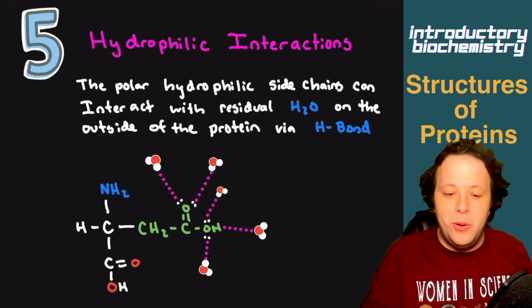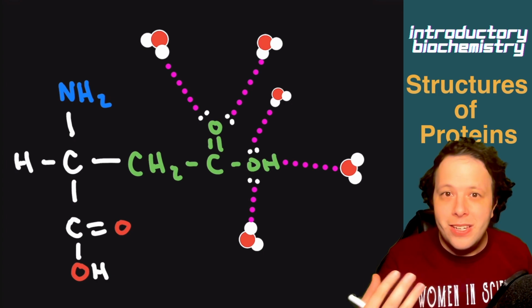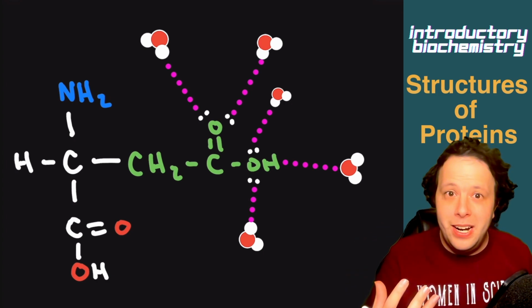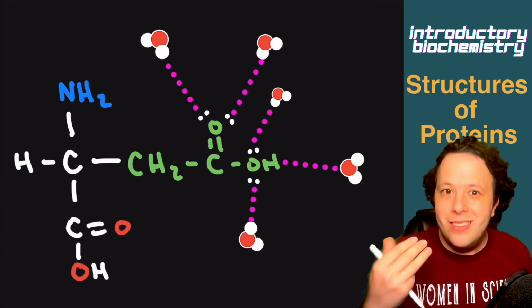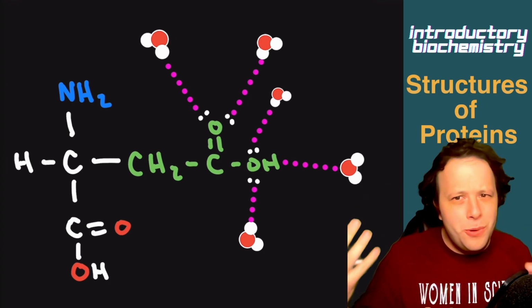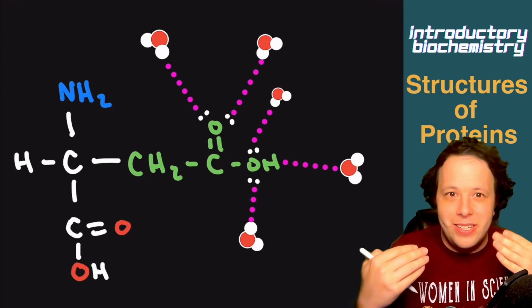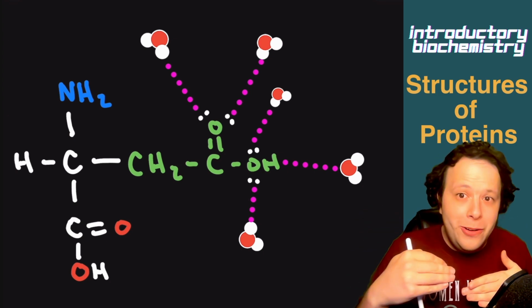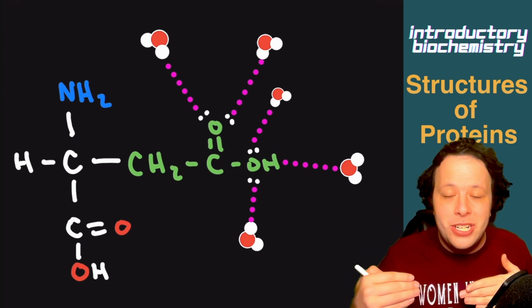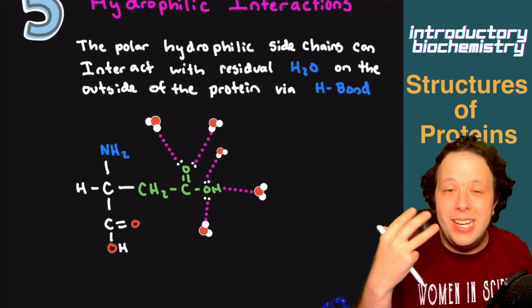Now, if you have a polar side chain, just like any polar molecule, if it has the ability to hydrogen bond, it can do it, right? This is in a water environment, so you're going to see water solvating anywhere it can because it's kind of sticky. It's going to get stuck on all these molecules. Anywhere there might be a lone pair or a hydrogen, water is going to take advantage of that and have that hydrophilic interaction.